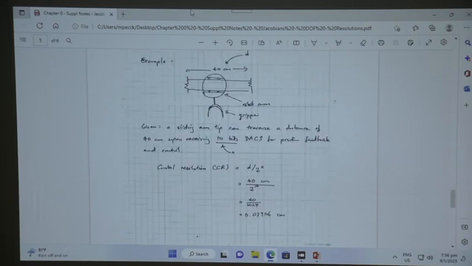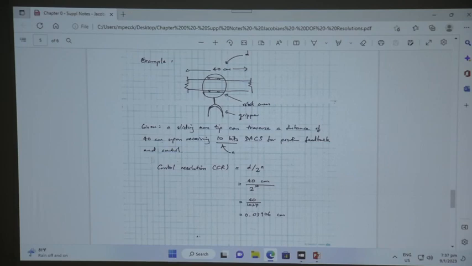For example, if I have a robot arm moving along a bar in this manner, this distance D is 40 cm, this is the robot arm, and then you have a gripper over here. So you have a sliding arm that can traverse a distance of 40 cm upon receiving a 10-bit DACS for position feedback and control.